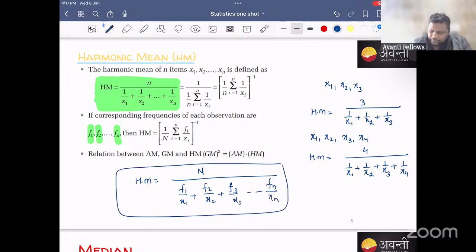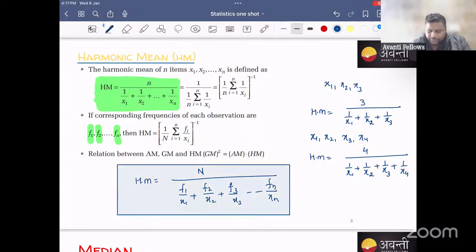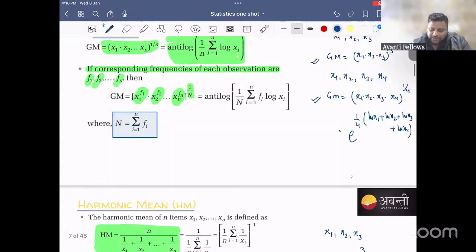Got it? Where n is the sum of all frequencies. Am I clear? So these are two different new means, geometric mean and harmonic mean.